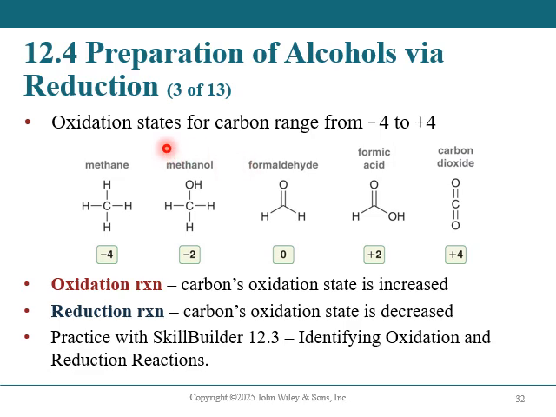Oxidation states of carbon will range from -4 all the way to +4. There is not necessarily a preferred number. It really depends on context quite a bit. All of the molecules you see here are very stable, but as you can see, they have very different oxidation states. When we talk about oxidation reactions, we're talking about the carbon's oxidation state going up, and a reduction is when the oxidation state goes down.